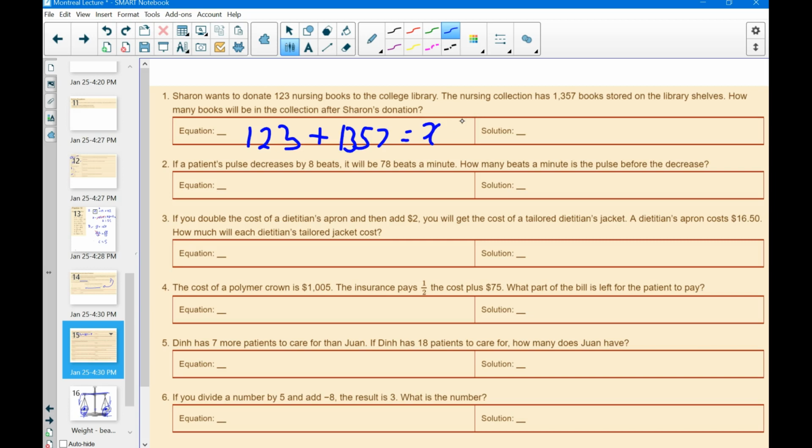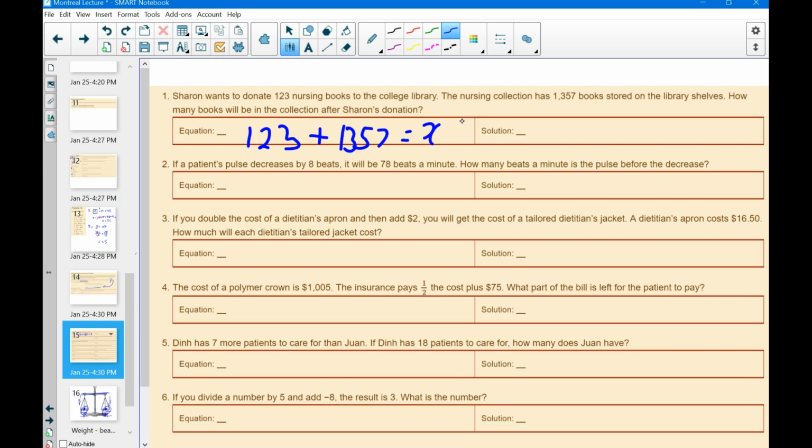A patient's pulse decreases by 8 beats. It will be 78 beats per minute.